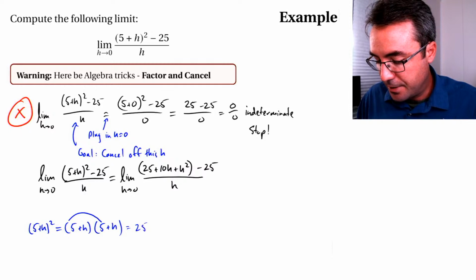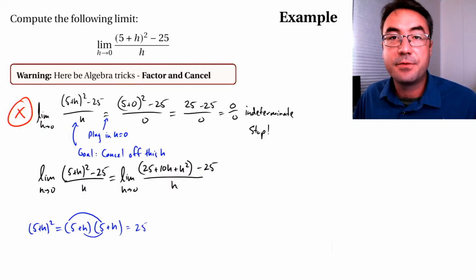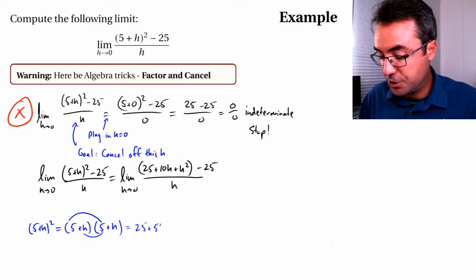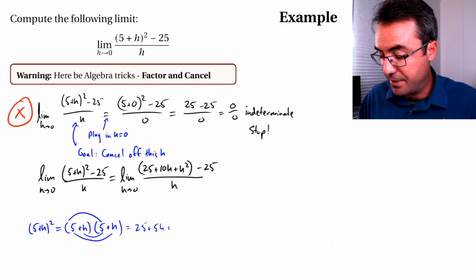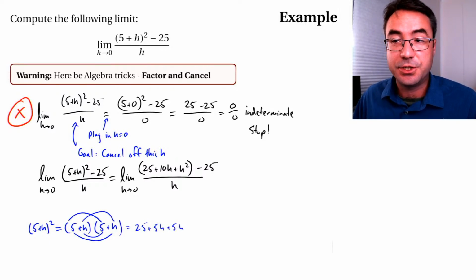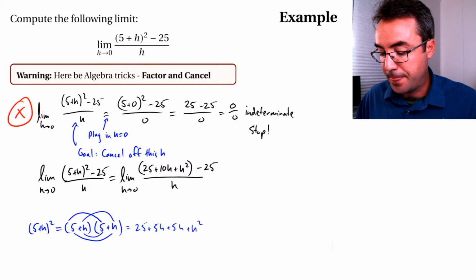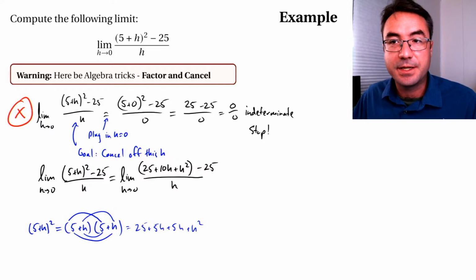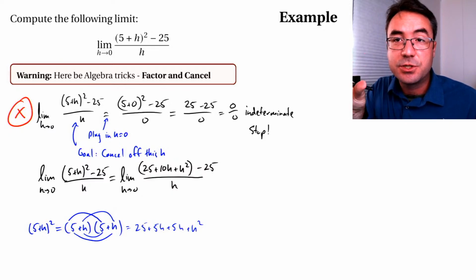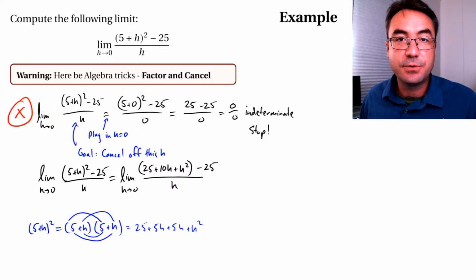You multiply the middle terms together, the 5 and the h, that gives you a 5h. You multiply the outer terms together, that gives you another 5h. And then you multiply the last terms together, the two h's there, and that gives you the h squared. So just in case you don't remember how to multiply those types of things out, write it as 5 plus h times 5 plus h, and then just use FOIL from there.